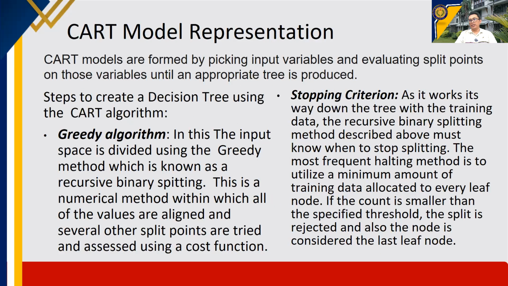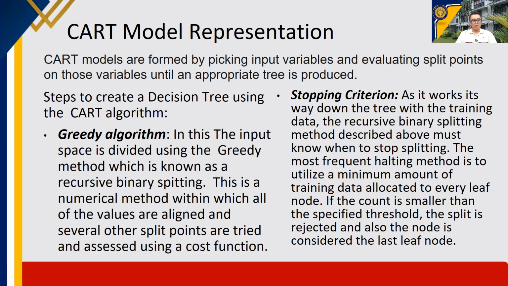So, a CART model representation. CART models, or classification and regression tree models, are formed by picking input values and evaluating split points on those variables until an appropriate tree is created, using the CART algorithm.